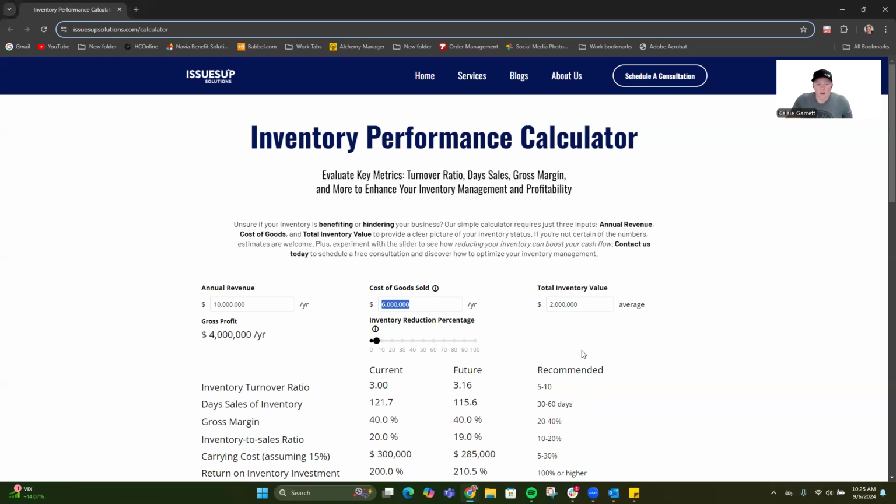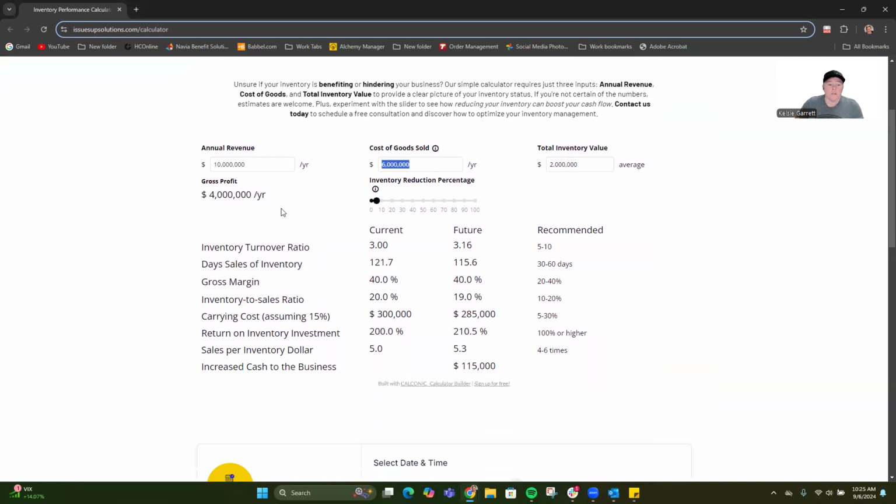There we go. So from here, everything else on the whole page is calculated out for you. So it's going to do the math of what your gross profit would be. Obviously, this is before all the other overhead costs that you have, but easy math for today, right?